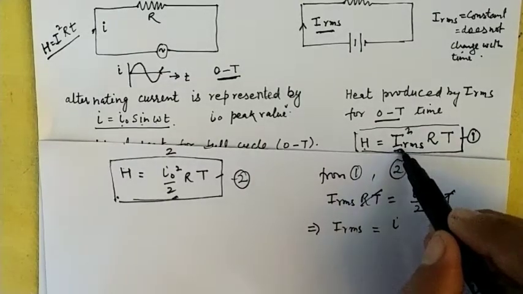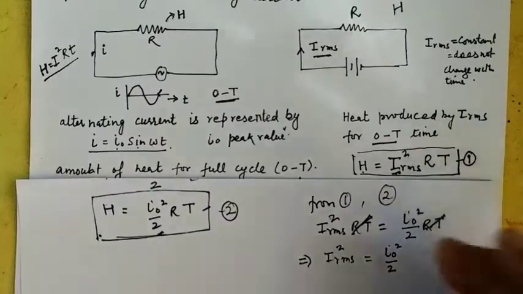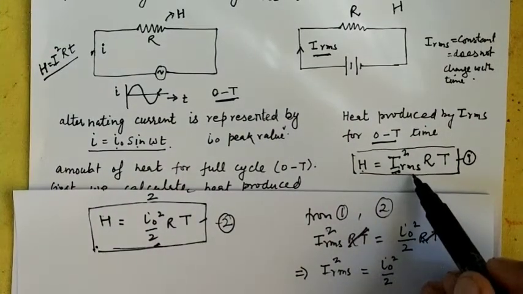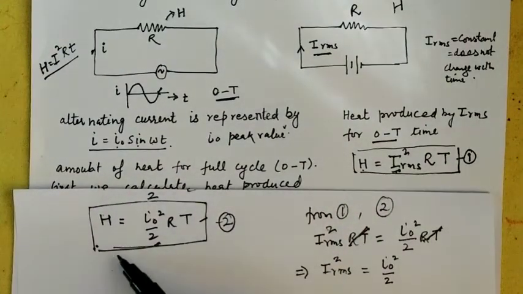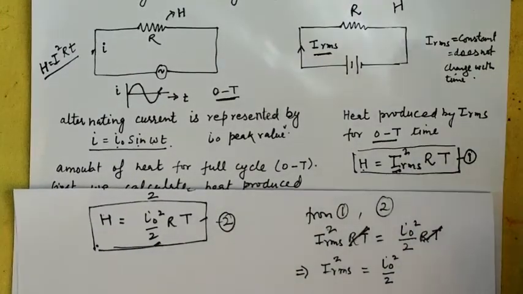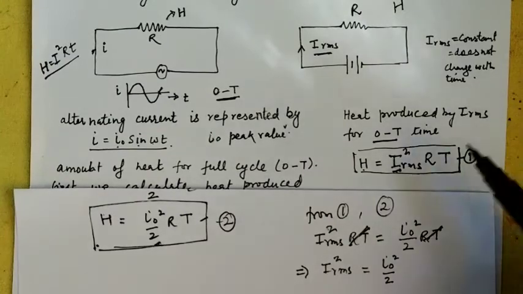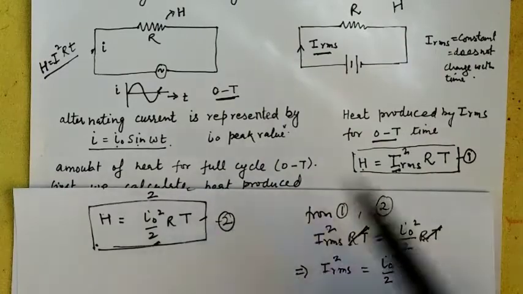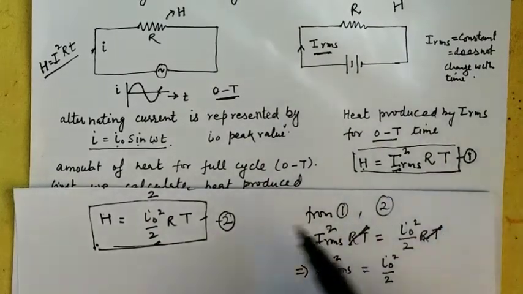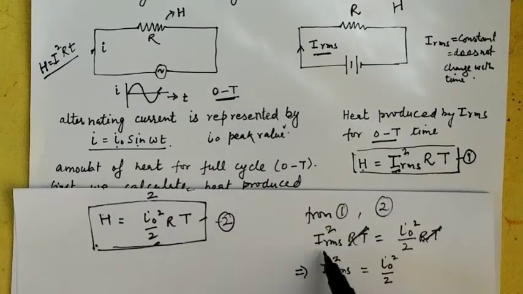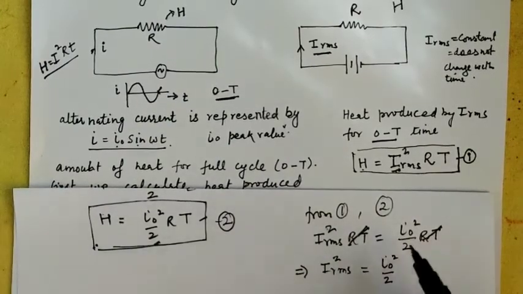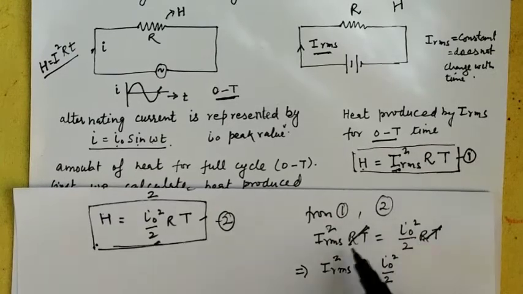If the constant current is the IRMS value, then if you compare the heat produced by this constant current and the heat produced by the alternating current, the heat produced by both must be the same. So from these two equations, what we get is IRMS square RT equal to I naught square RT divided by 2. RT gets cancelled out.